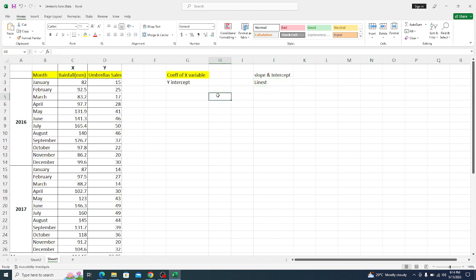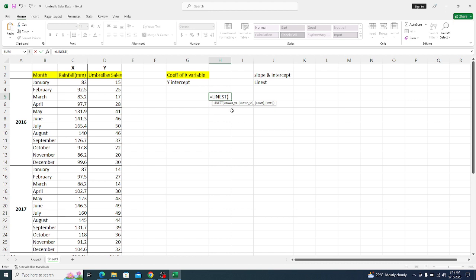So with that, we are going to say it is equal to LINEST, and you can see it returns statistics that describe the linear trend matching the data points, by fitting a straight line using the least squares method. So we are going to use that.